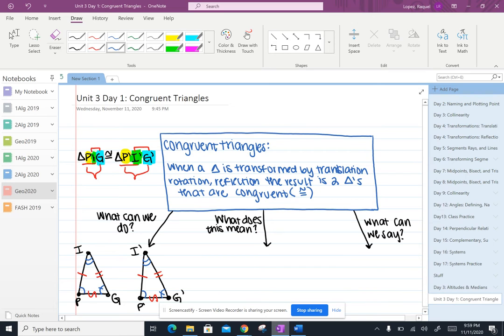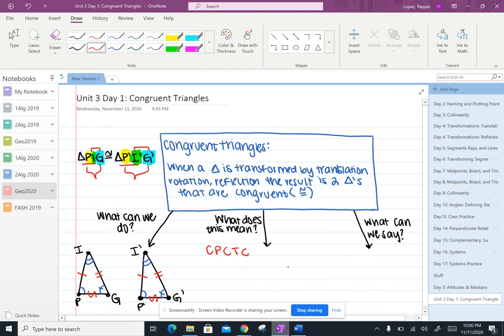Okay, so that's how we can mark our picture, and I would suggest using different colors if you have it, or maybe a pencil and a pen if you have that. Okay, so what does this mean? Well, if we've got two congruent triangles, then we can say something called CPCTC.